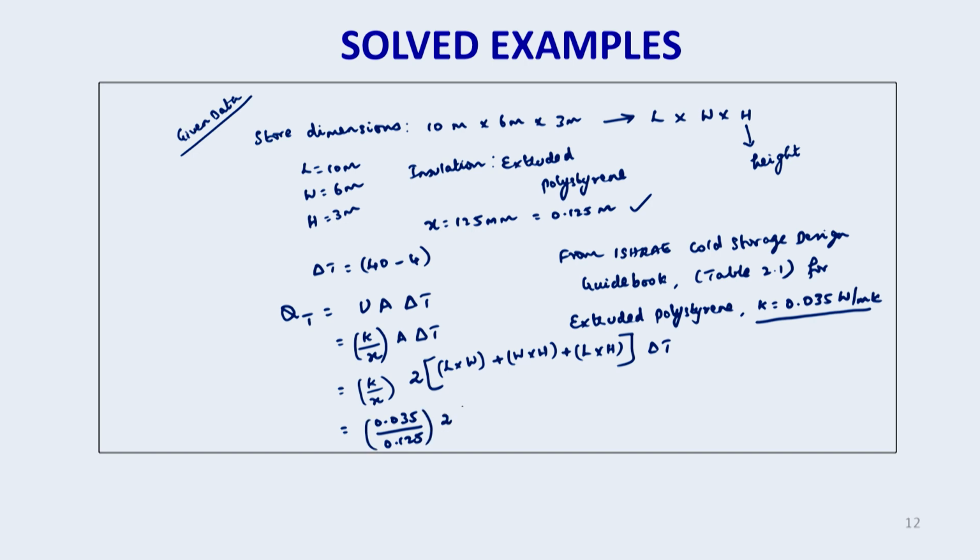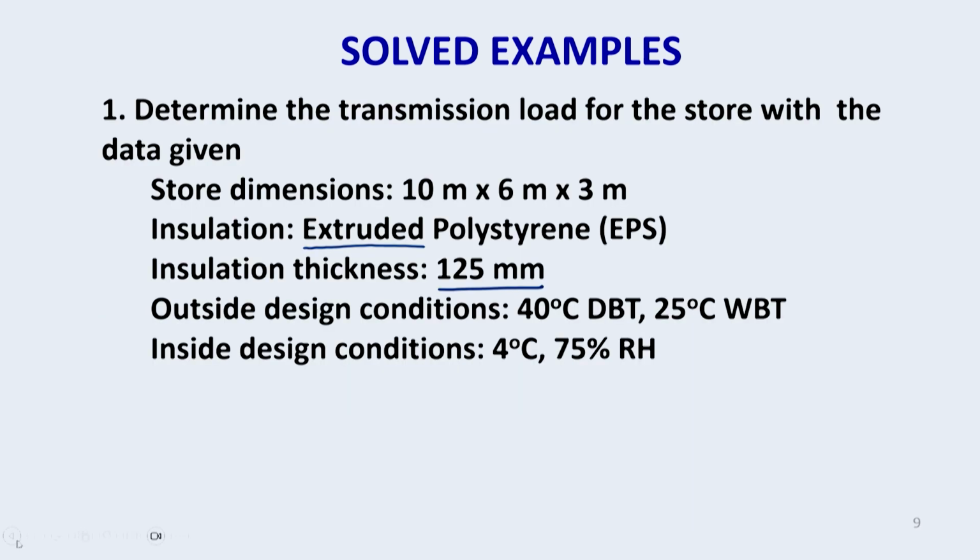So 2 into L into W is 10 into 6 plus 6 into 3, W into H, plus 10 into 3, into delta T. Delta T is 40 minus 4. This is given in the question. It is 40 degrees centigrade dry bulb, and the corresponding inside temperature is 4 degrees centigrade.